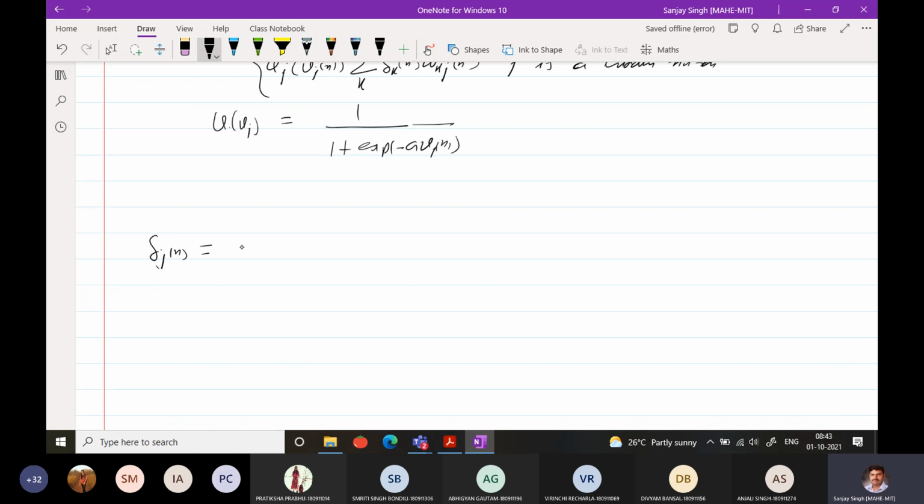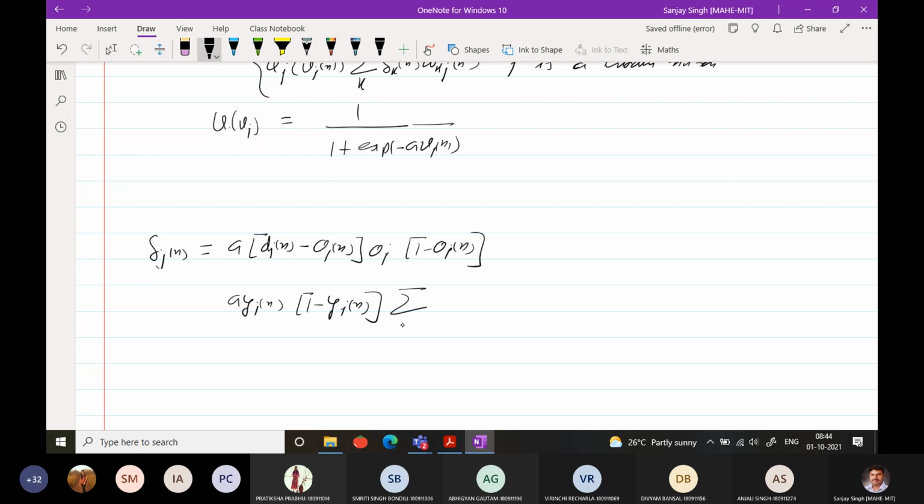The overall formula remains the same. That is a times (dj(n) minus oj(n)) times oj(n) times (1 minus oj(n)), and then a times yj(n) times (1 minus yj(n)) times the summation over k of delta k(n) wkj(n).